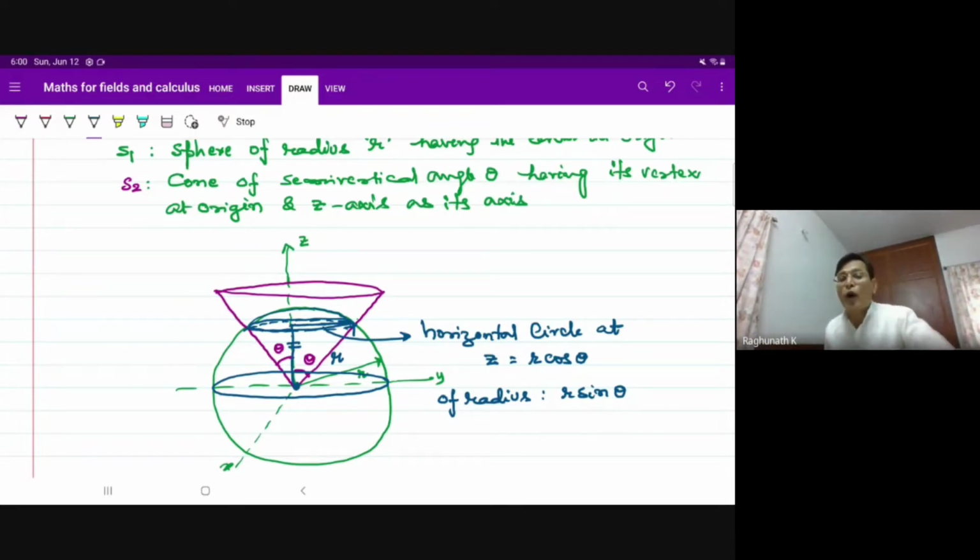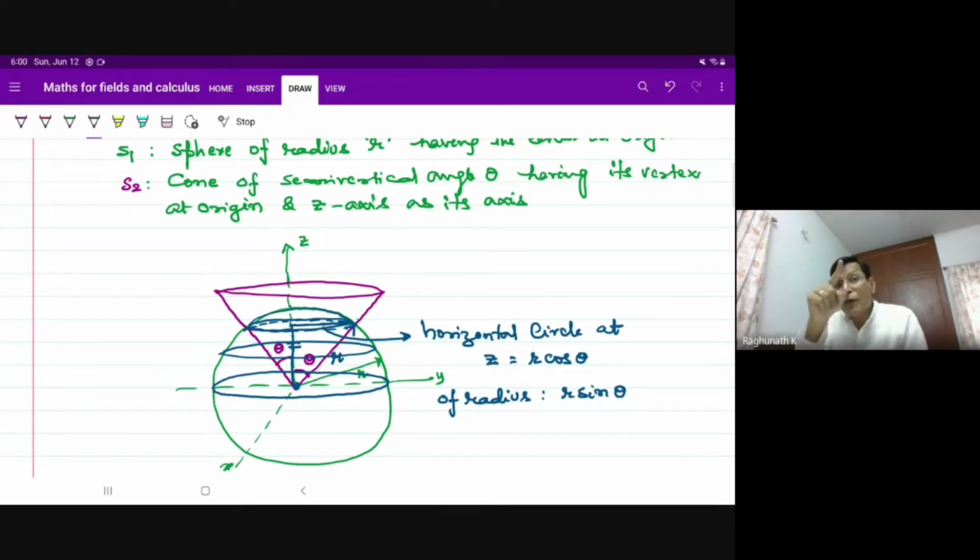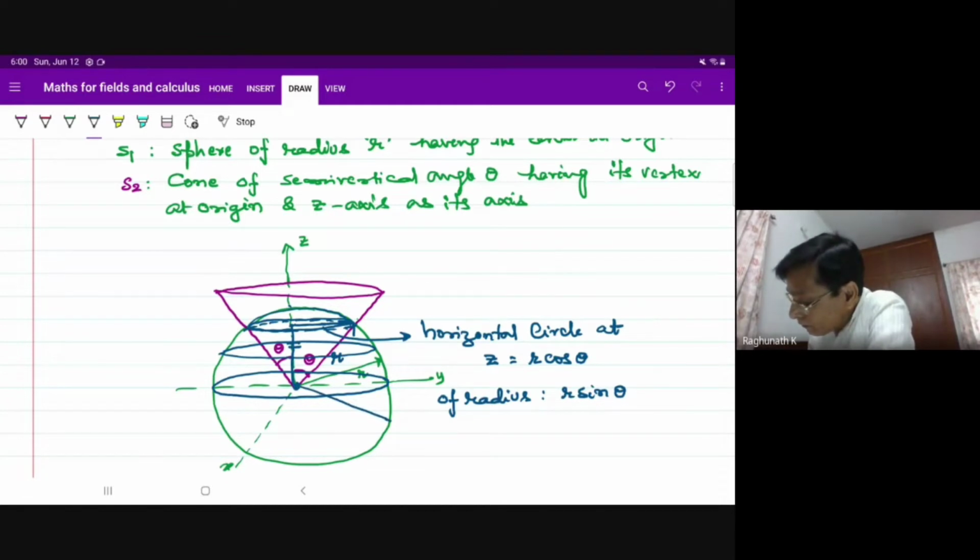I would have produced all the circles in the upper hemisphere, starting from 0 radius at z to radius r at z is equal to 0. It has come down. If I increase theta measured from positive z axis, this is the cone for theta greater than pi by 2.